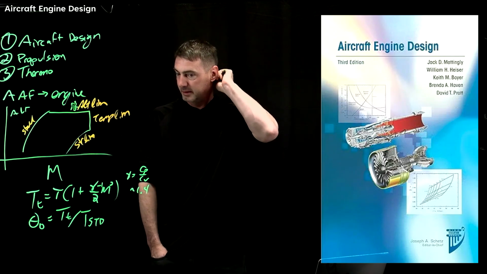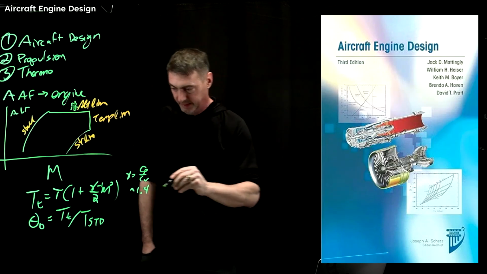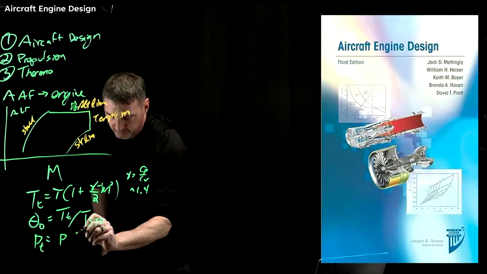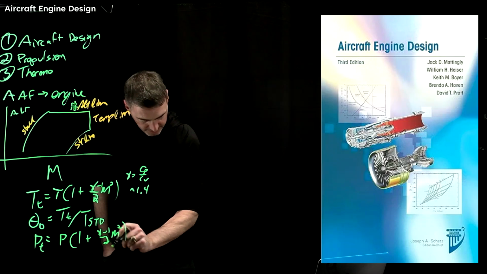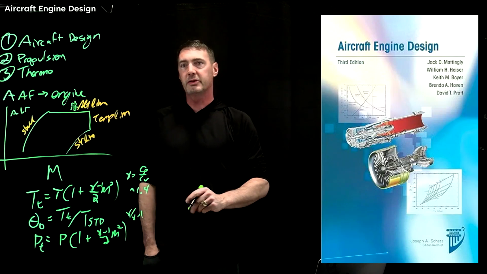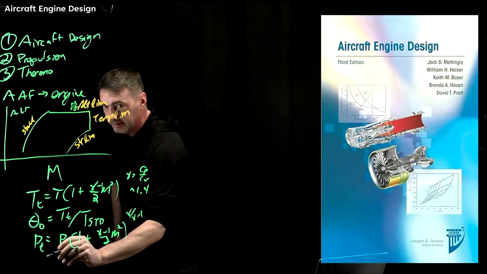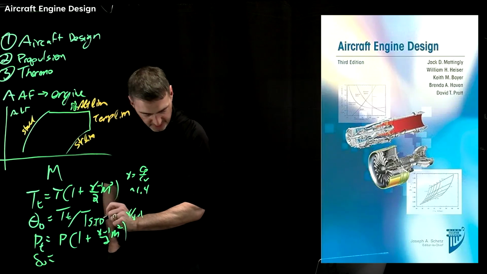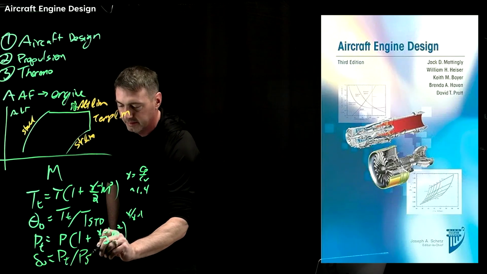Relatedly, PT is total pressure, and you still get this 1 plus gamma minus 1 over 2 Mach squared, and this gets raised to the gamma over gamma minus 1. Again, it's isentropic. Go take a look at those derivations in the previous class. And the related symbol is delta 0, and that is also P total over P standard.